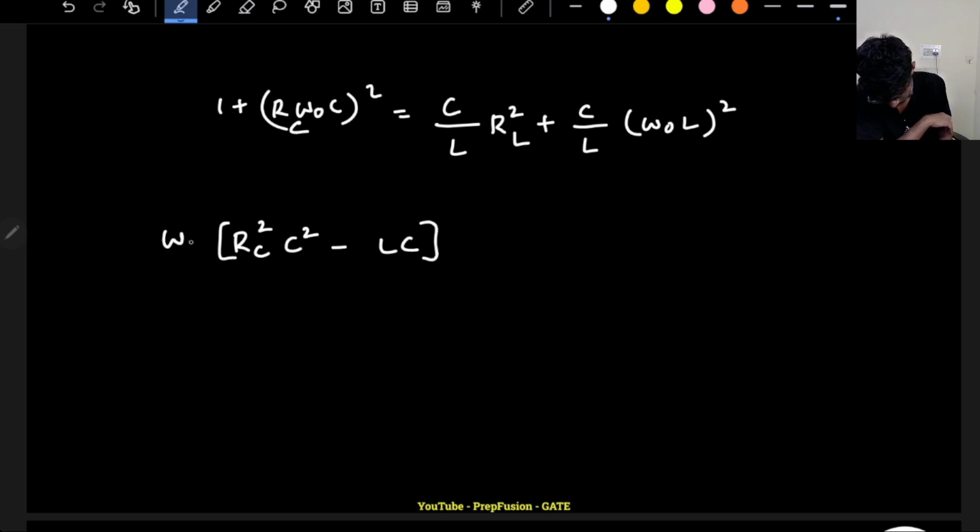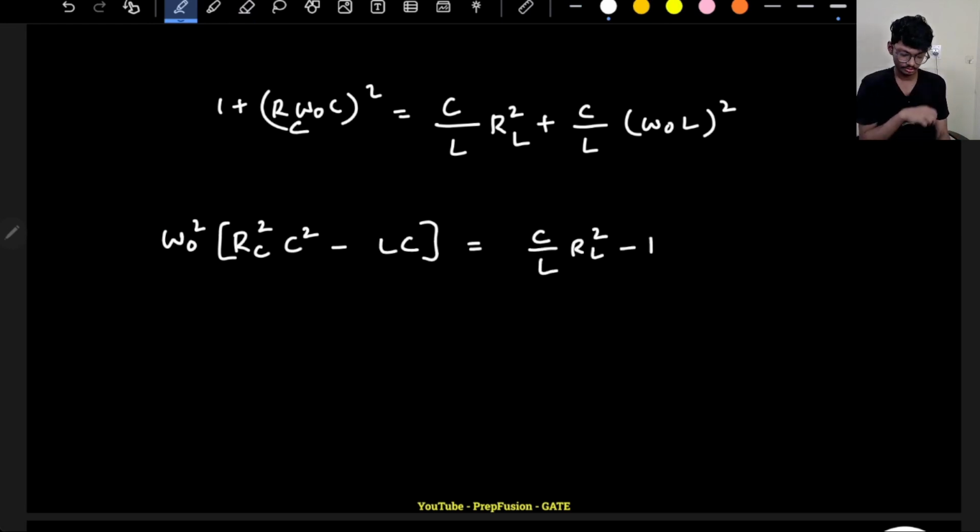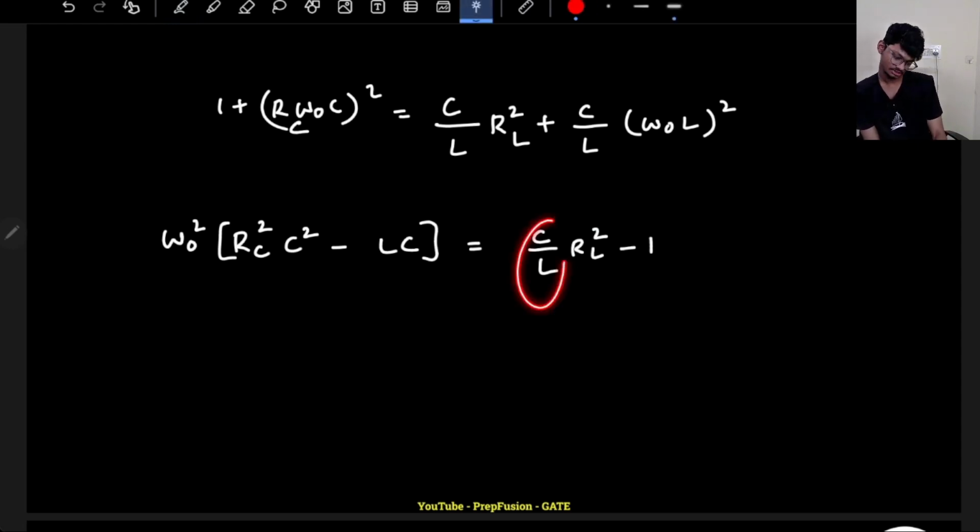Omega naught square will also be in common. This will be C by L RL whole square minus 1. Now the interesting fact will happen basically. So what I can do, I can take this C by L common, to rearrange this.